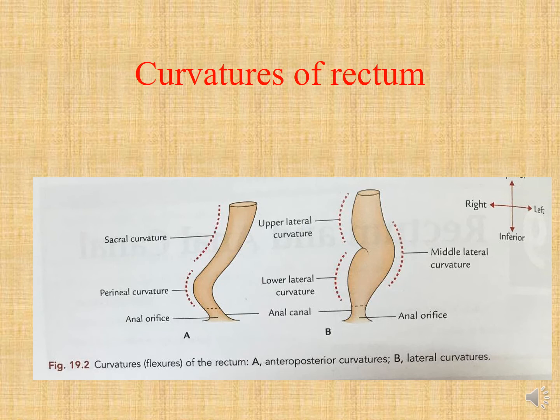In diagram B, we can appreciate three lateral curvatures. Upper lateral, which is convex to the right, then middle lateral, which is convex to the left, and the lower lateral curvature, which is convex again to the right, and it lies at the tip of the coccyx.